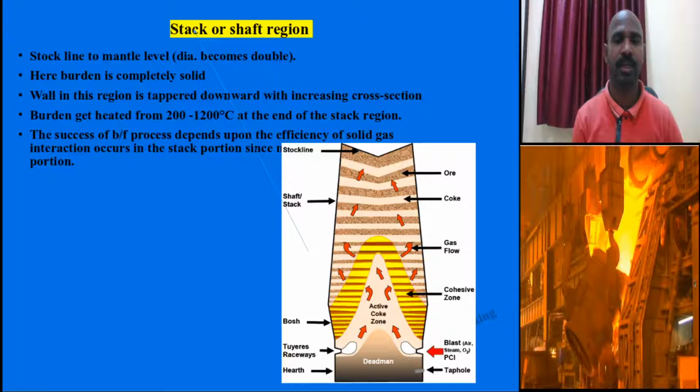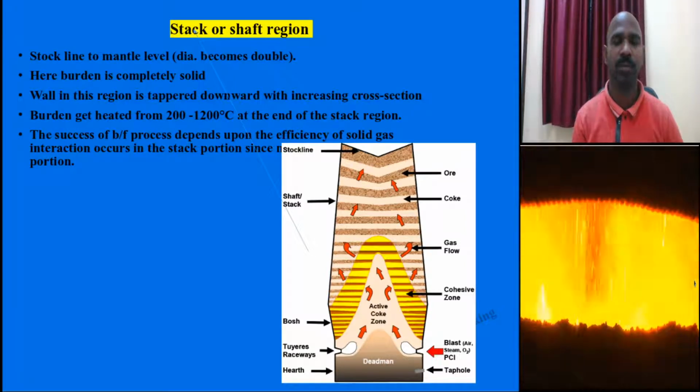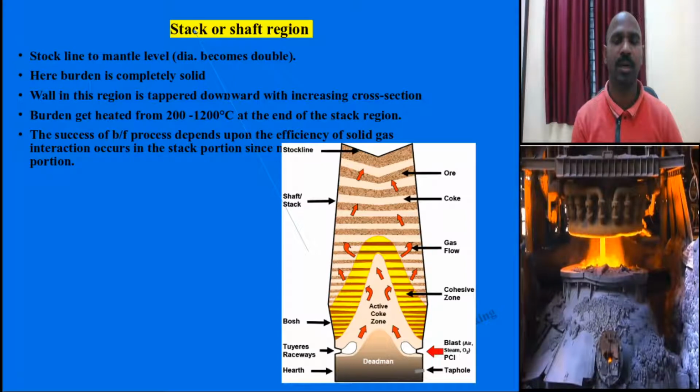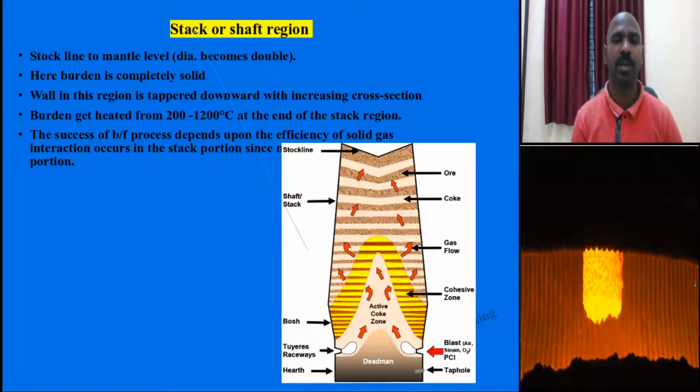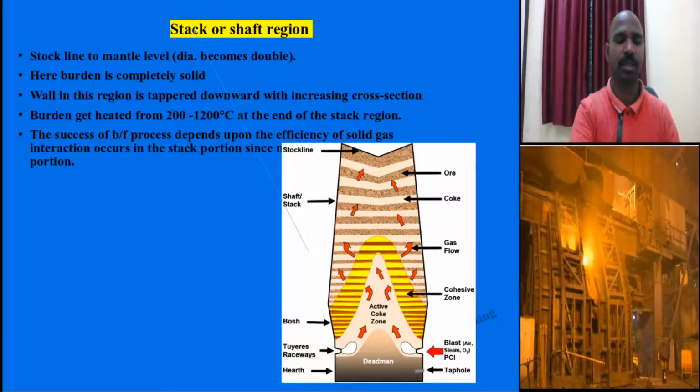And one more point to remember is that the success or production efficiency of the blast furnace, for its per-day capacity, mainly depends upon how well these solid particles are interacting with the CO and CO2 gas and producing the subsequent pig iron.